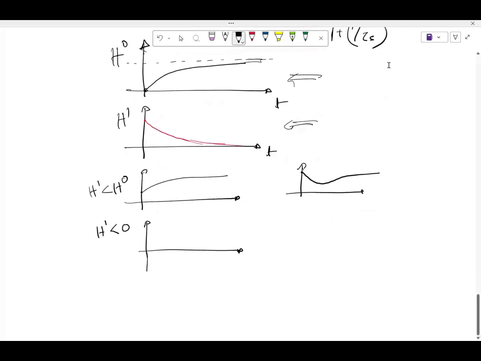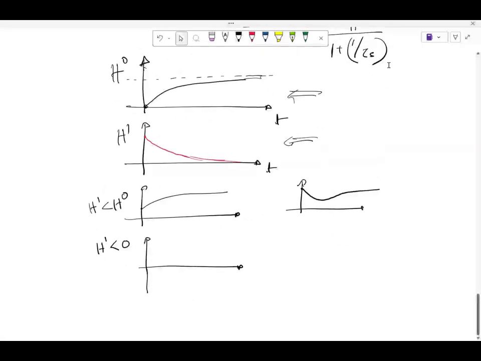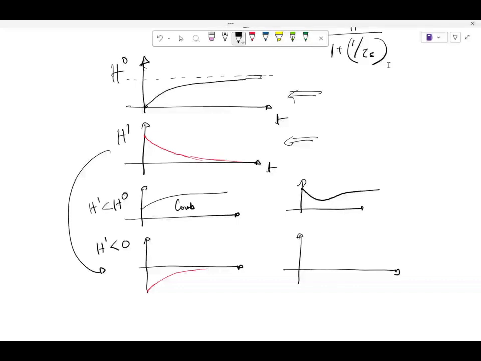What is going to happen? What will be the step response for this equivalent if H1 is negative? It will start from negative, right? And if I add them up, this is the combined, case 1.